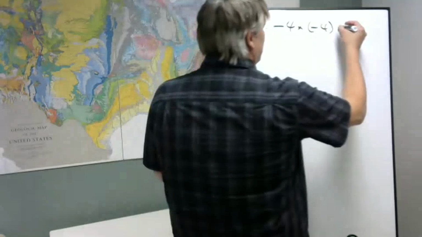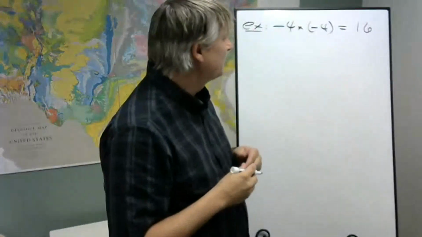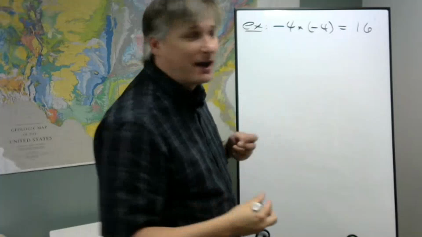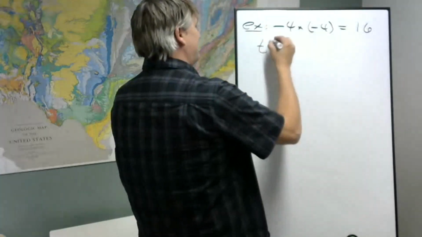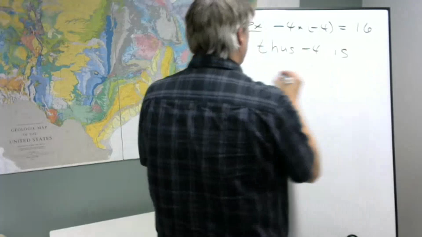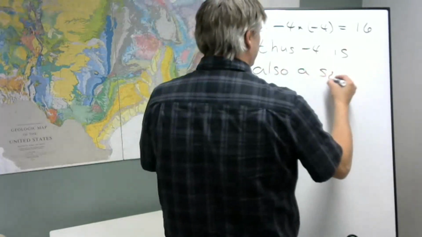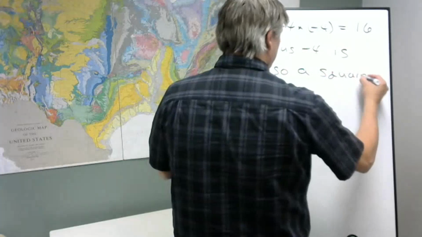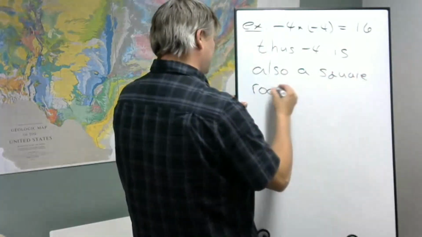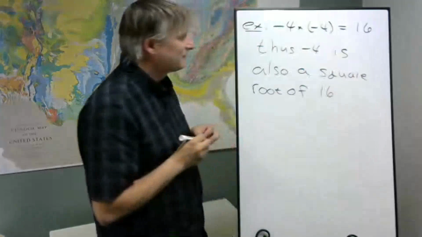It turns out that it also is 16. So we find out that -4 is also a square root of 16.